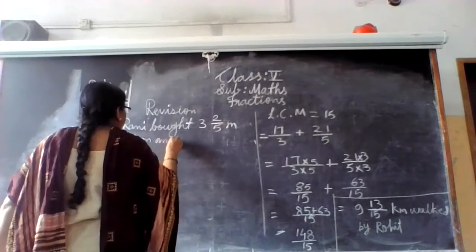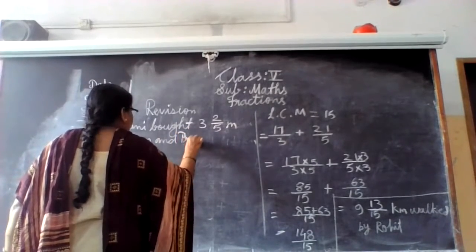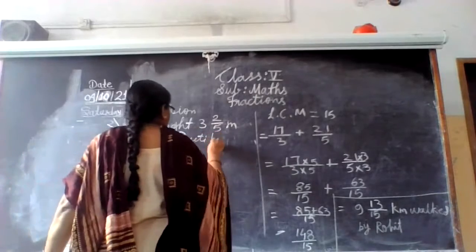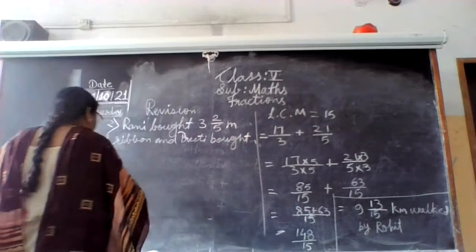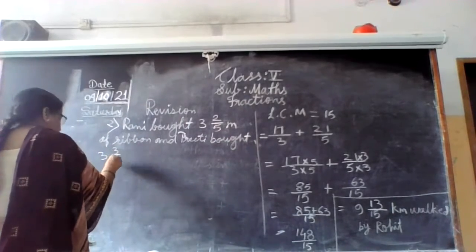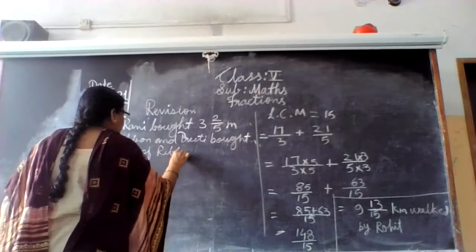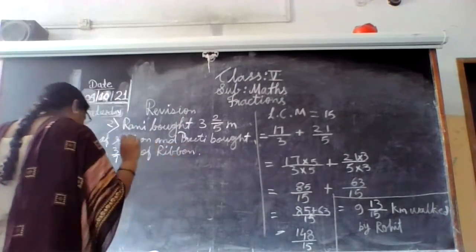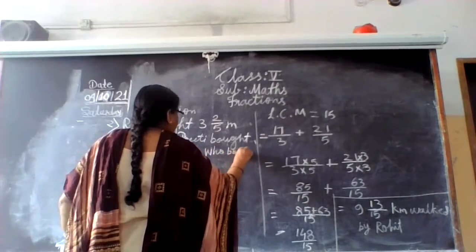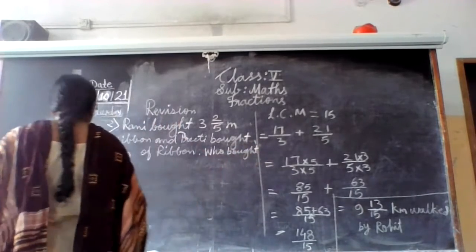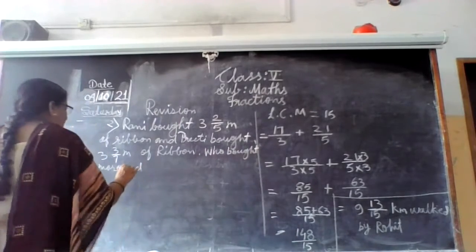And Preeti got 3 integer 3 upon 7 meter of ribbon. Who got more and by how much?